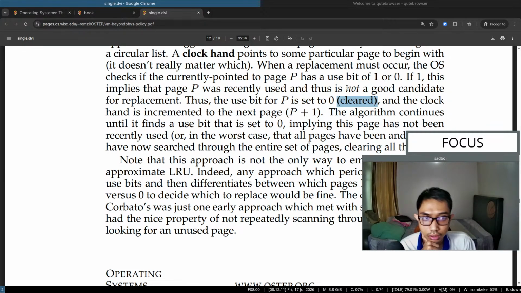It is not a good candidate for replacement, but we clear the use bit and the clock hand is incremented to the next page, P plus 1. The algorithm continues until it finds a use bit that is set to 0.